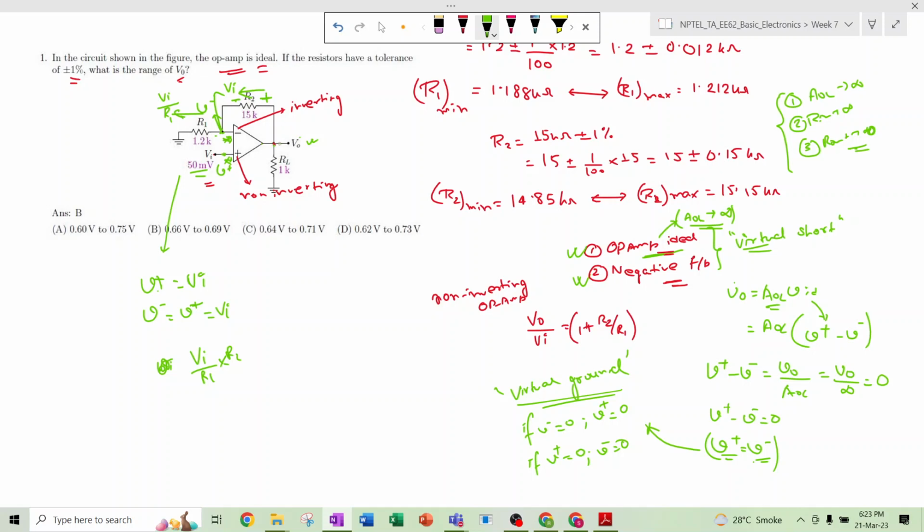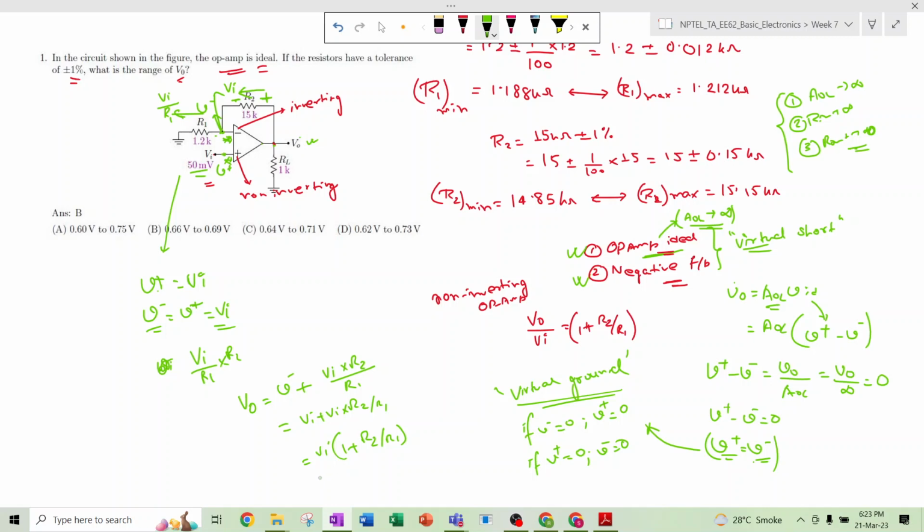So the output voltage Vo is nothing but V minus plus Vi into R2 divided by R1, and V minus we have already calculated, this is equal to Vi, so it is Vi plus Vi into R2 by R1, right? If we take Vi common, that means 1 plus R2 by R1.